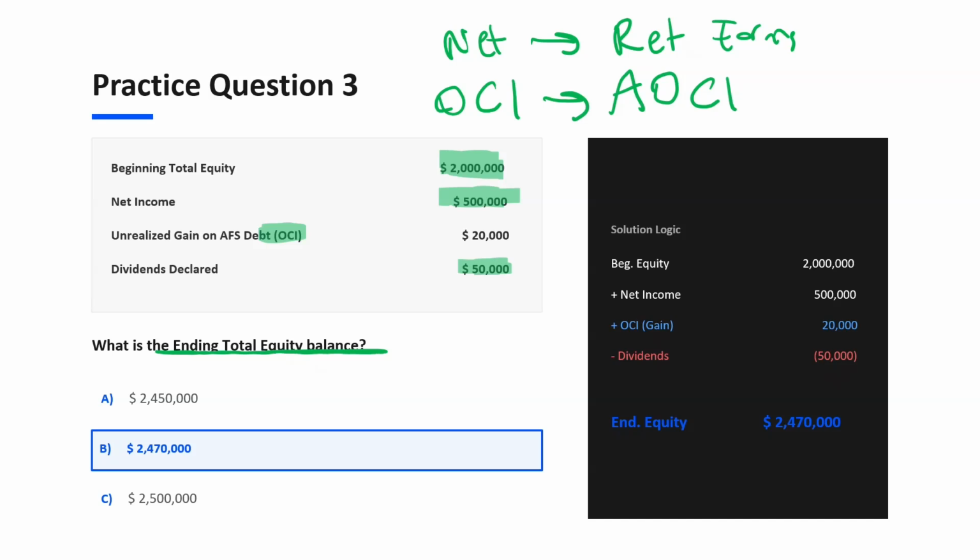Remember, OCI goes as accumulated other comprehensive income in the balance sheet, so it will go there as $20,000. In the end, you can see that our ending equity is 2,470. And what is going to happen when this accumulated gain becomes realized? We are going to debit accumulated other comprehensive income and increase the net income, basically to avoid double counting.